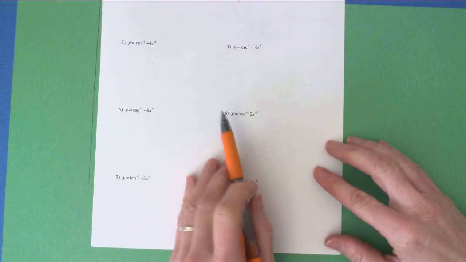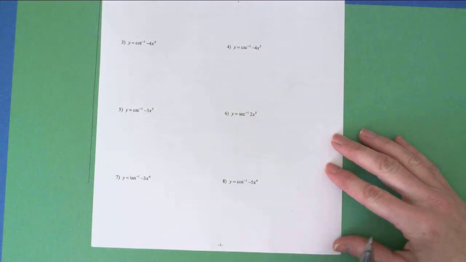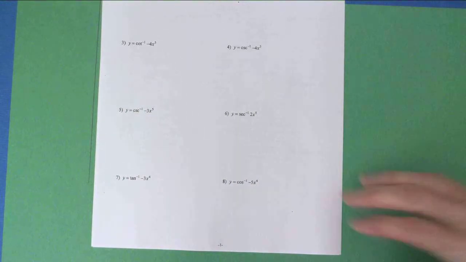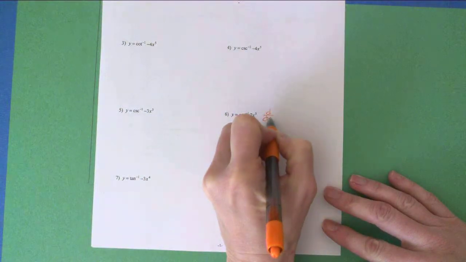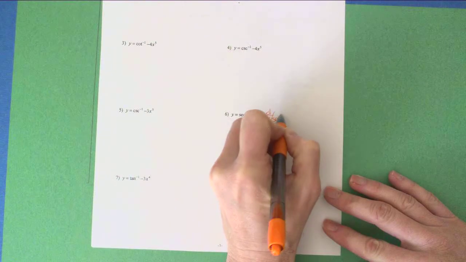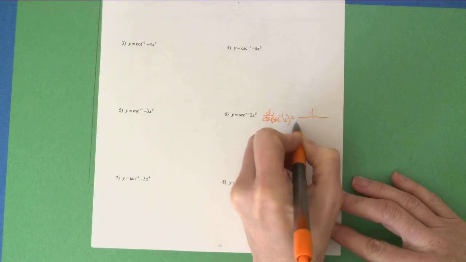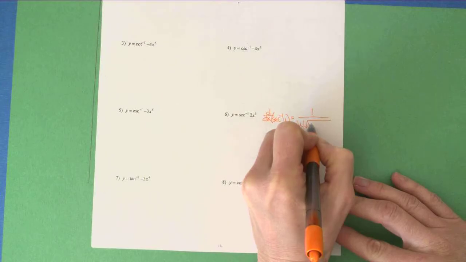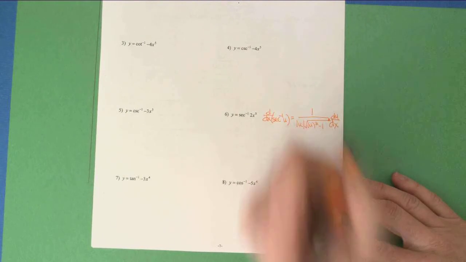Okay, so for number 6, we've got y equals secant inverse of 2x to the 5th. All you have to do is pan back to your secant inverse formula, and that says this. I'm going to write this to the side. The derivative with respect to x of the secant inverse of u is 1 over the absolute value of u times the square root of u squared minus 1 times du dx.